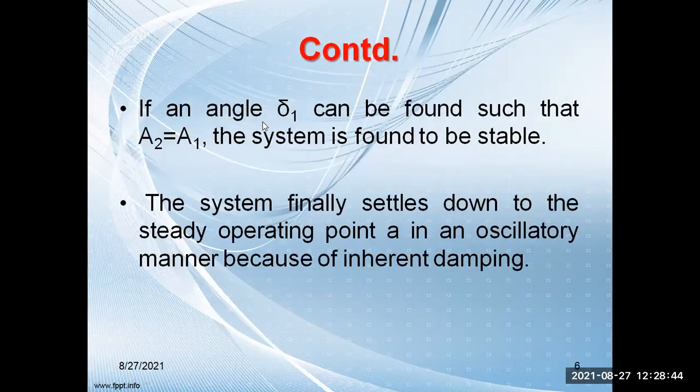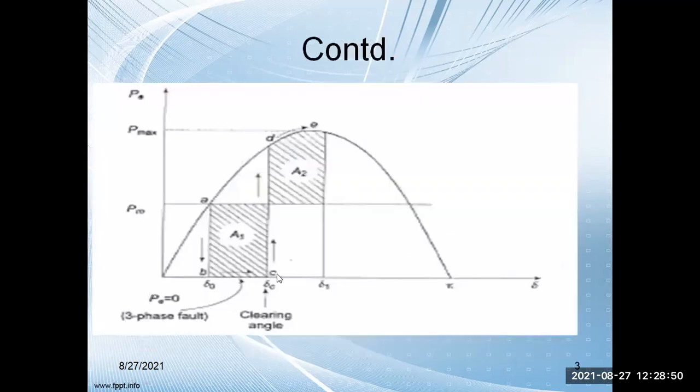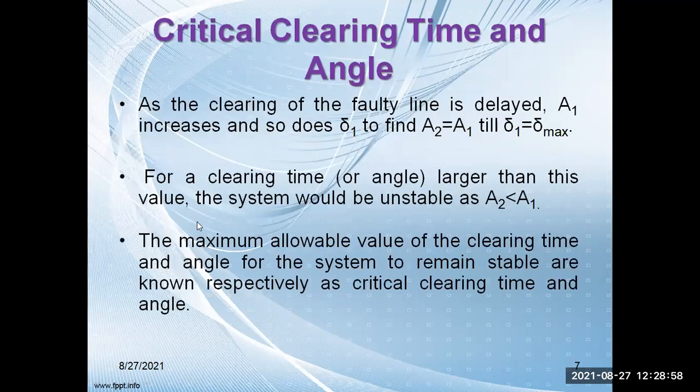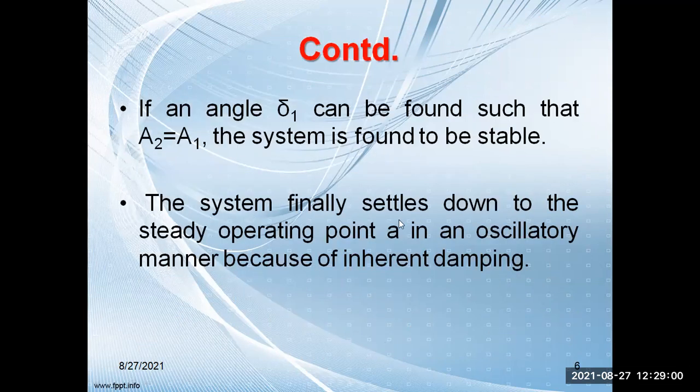If an angle delta 1 can be found such that A2 equals A1, the system is found to be stable. That means area A1 should be equal to area A2. The system finally settles down to the steady state operating point in an oscillatory manner because of the inherent damping.